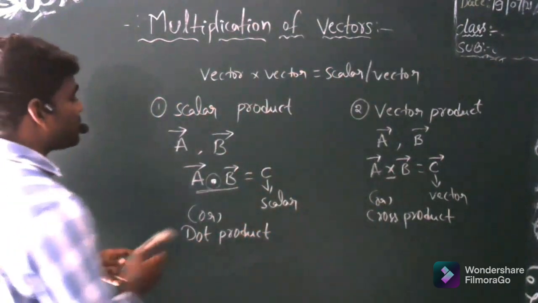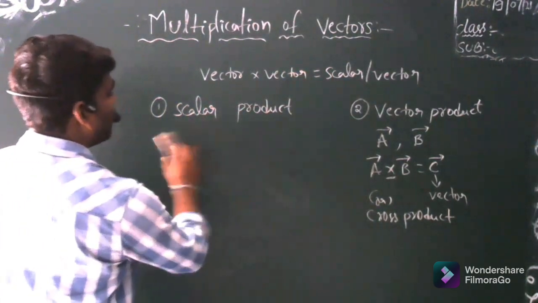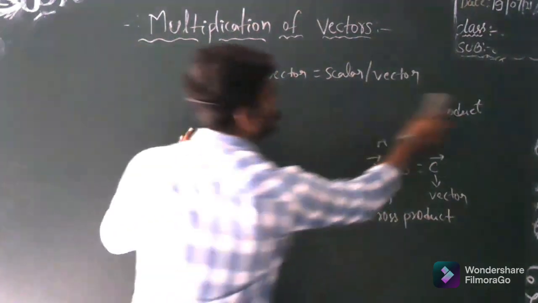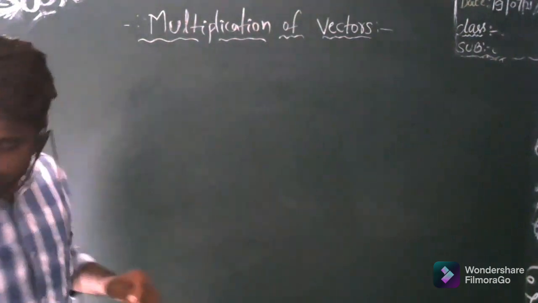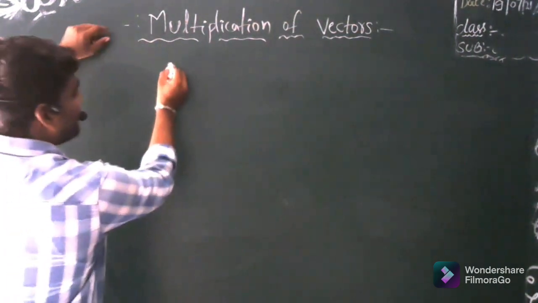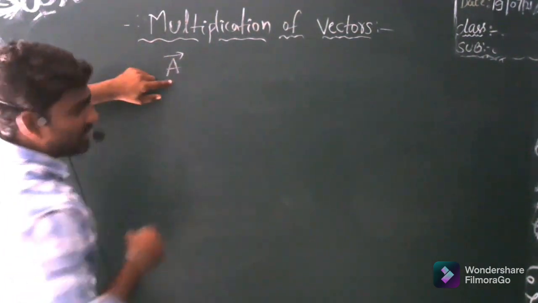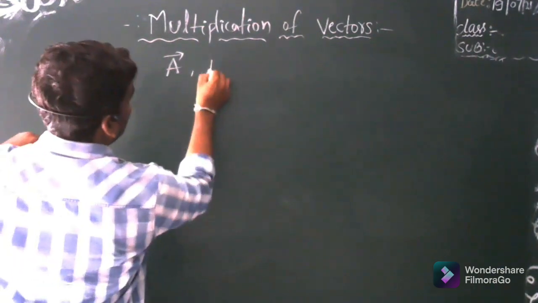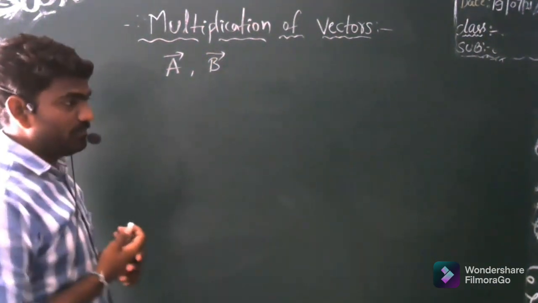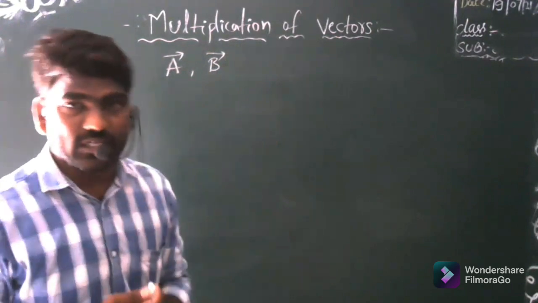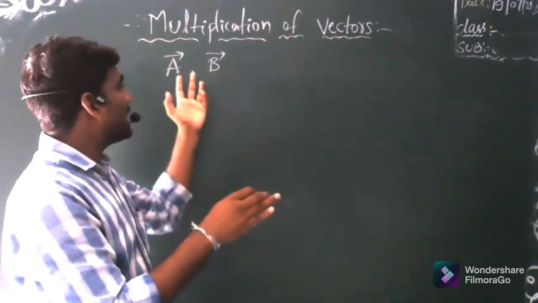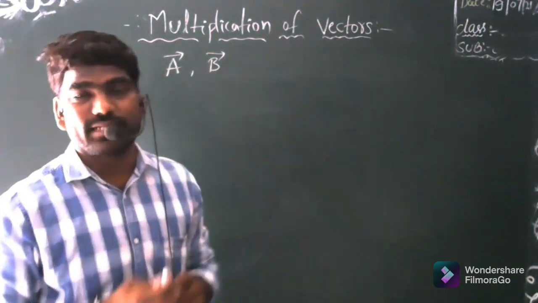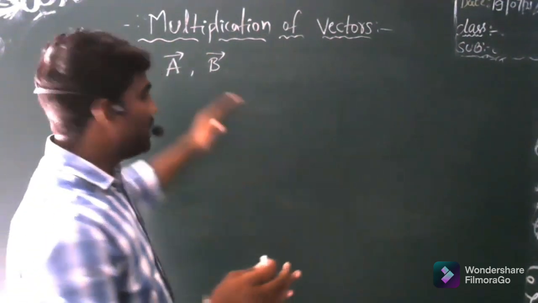Let us first see how we can find the product of two vectors. Let us take vector A as one example and vector B as another. Just imagine that after the product of these two vectors the result is a scalar, so you should do the dot product.